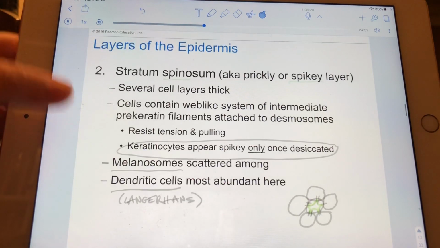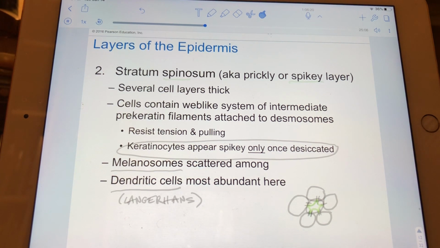On slide 12, the focus is stratum spinosum. Stratum spinosum is kind of a frustrating layer because the name really refers to what the cells would look like if they were dead, and they are not dead in the human body. So this is the layer that's just superficial to stratum basal. These are sort of like newborn keratinocytes, or at least young keratinocytes, okay?